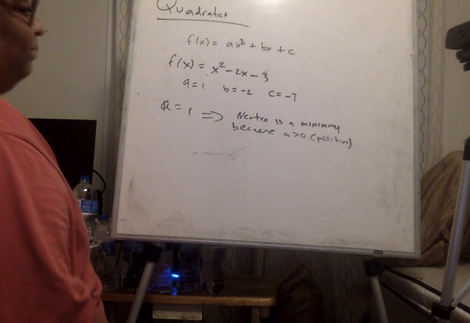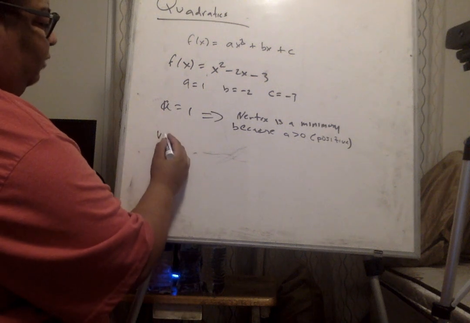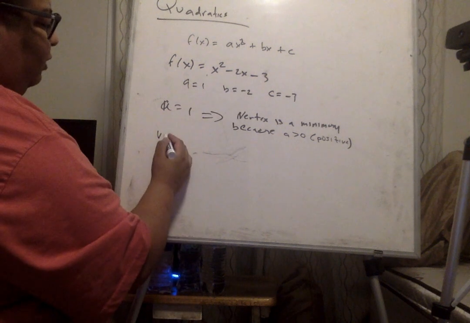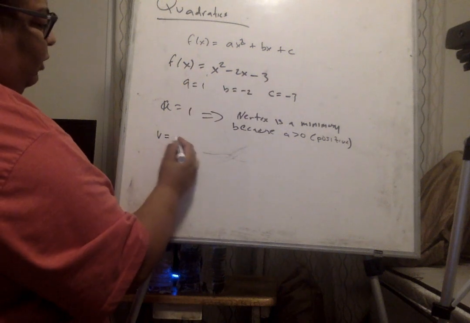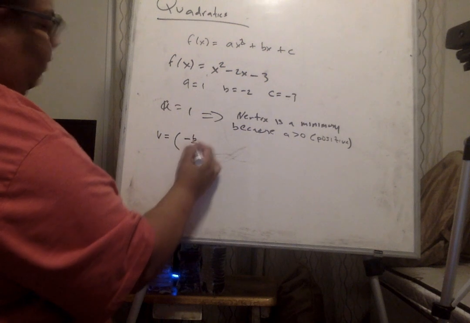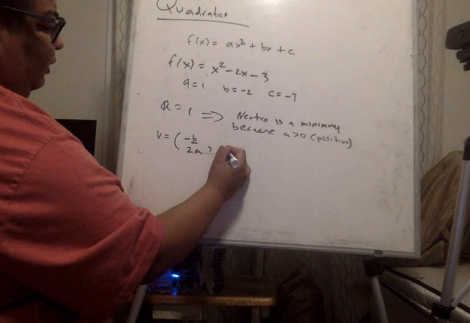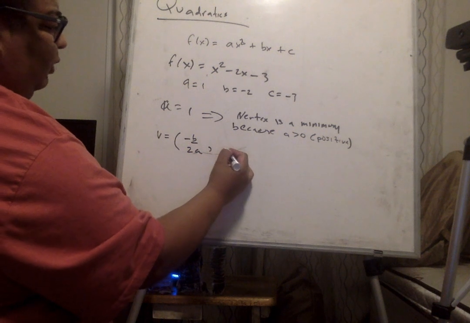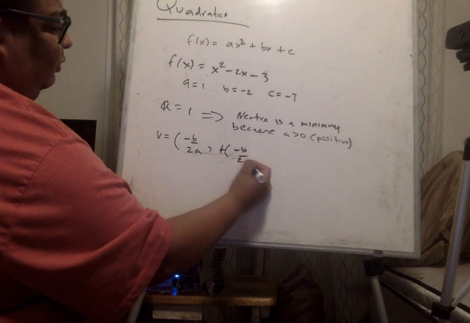How do I find that minimum? Well, we look at the vertex. To find the vertex from this kind of function written this way, all we have to do is this. The x of the vertex is going to be negative b over 2a, and then your y is going to be f of negative b over 2a.